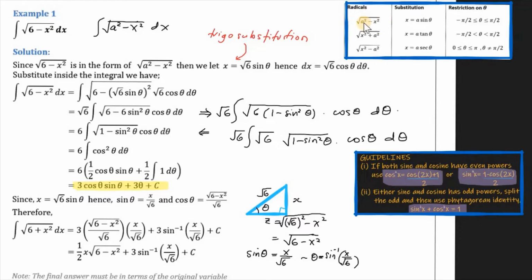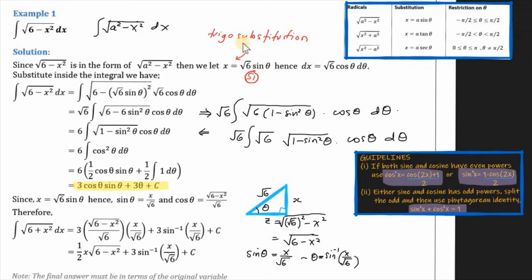If we have the radical form a squared minus x squared, this looks like the first form. So we should consider changing x into a sine theta. The first mark goes to changing your x into a sine theta. Our a squared is 6, meaning a is the square root of 6, so x is square root of 6 sine theta.